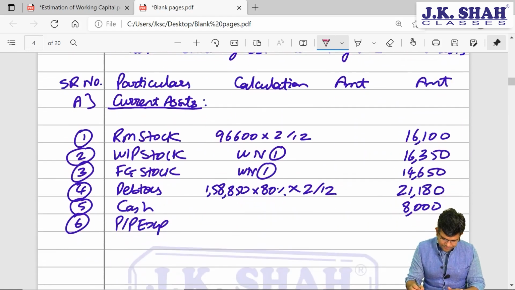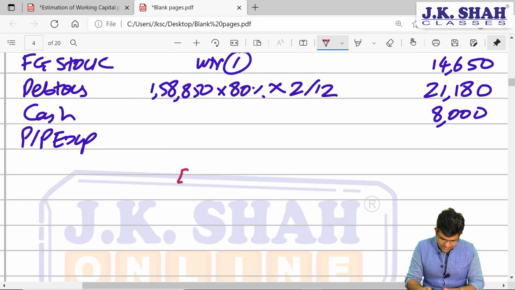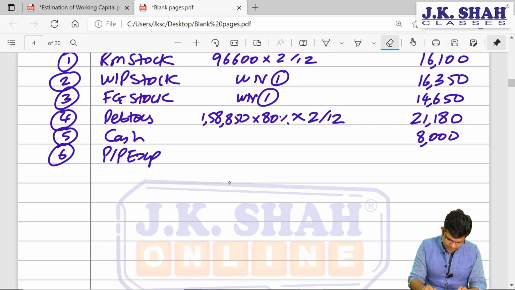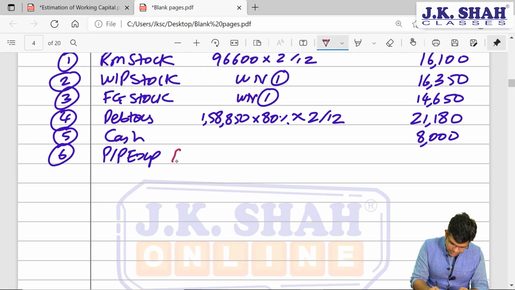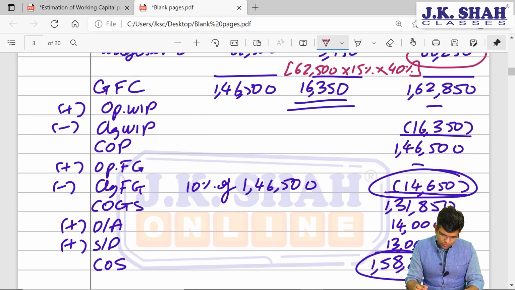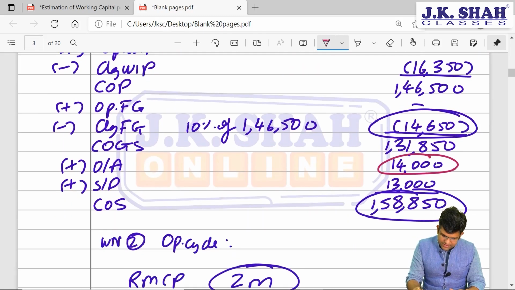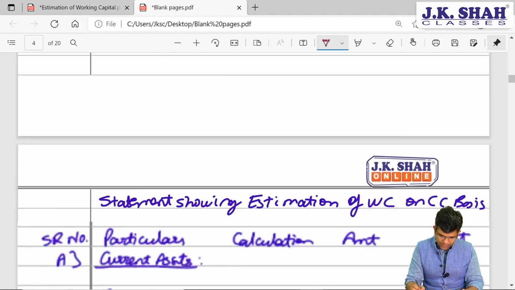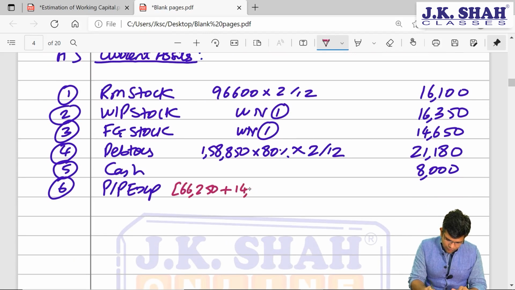I'll write down here 66,250 plus. Apart from wages and overheads, do you realize you have got office admin overheads, selling distribution overheads as 14,000 and 13,000. That's it. So 14 and 13. So I'll write down here 14,000, 13,000.